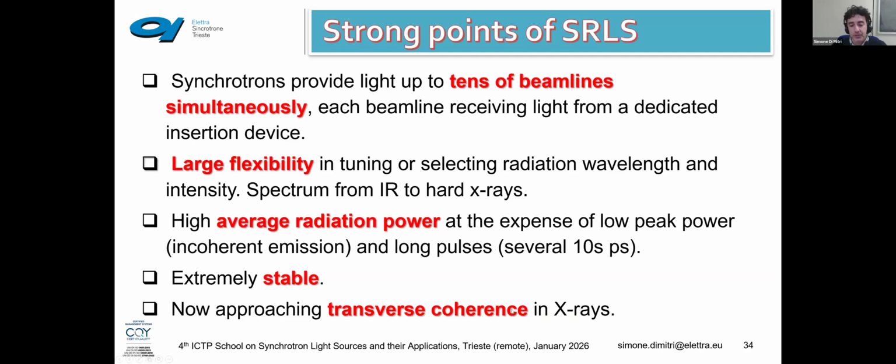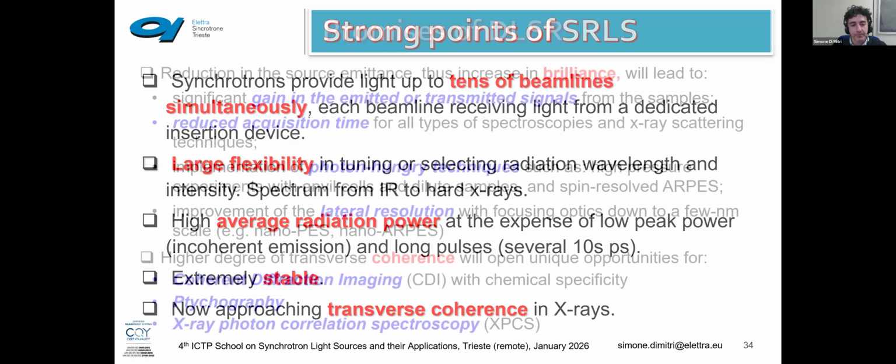And the next generation, the fourth generation of synchrotron light sources, are now targeting a high degree of transverse coherence in tender and even hard X-rays, which has never been demonstrated yet at such kind of facilities.